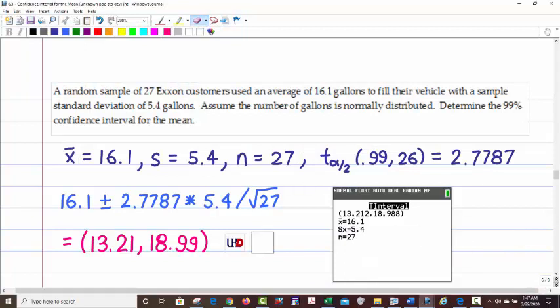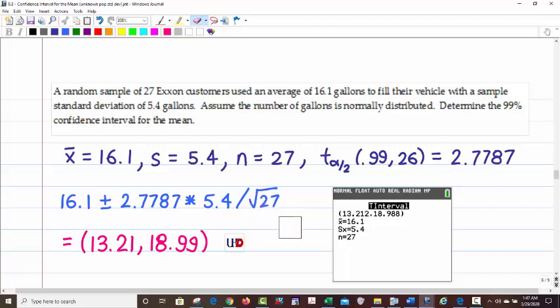One thing I didn't mention earlier, because sometimes people ask me this in class: notice that when I'm using this formula, and we've been doing it correctly every time, you're dividing by the square root of whatever n was. That whole n minus 1 degrees of freedom is only used for looking up the critical value on the chart. The formula uses n itself.